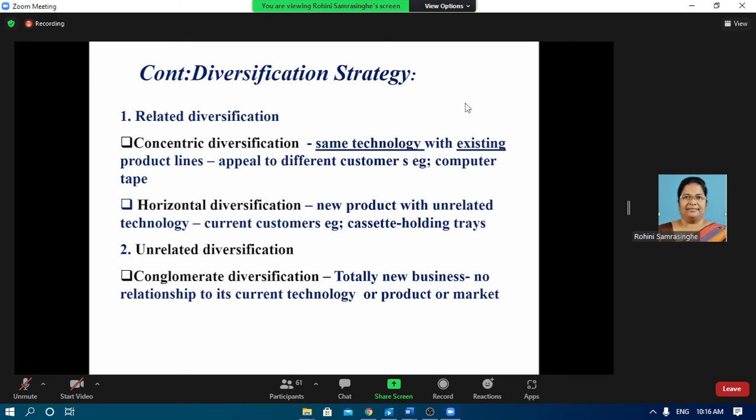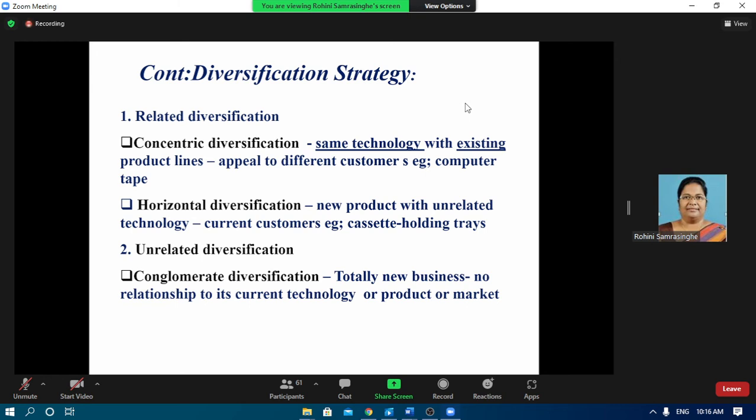At the same time, you can see different companies, for example in the printing industry. A printing company now starts a stationery business. That is also using the same technology. They try to introduce concentric diversification strategies. Even some manufacturing companies, like the telecom company, introduce different telecom equipment and start the mobile phone market or mobile manufacturing.